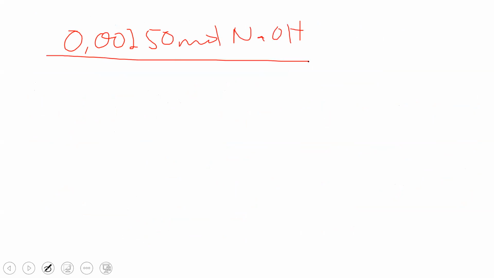And so we have 0.00250 moles of sodium hydroxide over the total volume. So the initial 50 milliliters, 0.0500 liters, plus the added 75 milliliters, 0.0750 liters, gives us our concentration of the sodium hydroxide after the reaction.